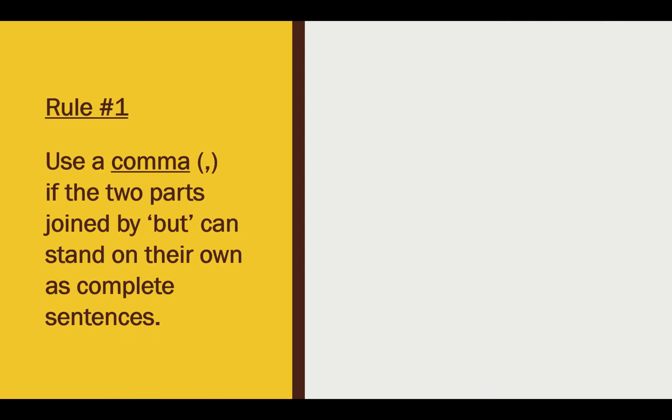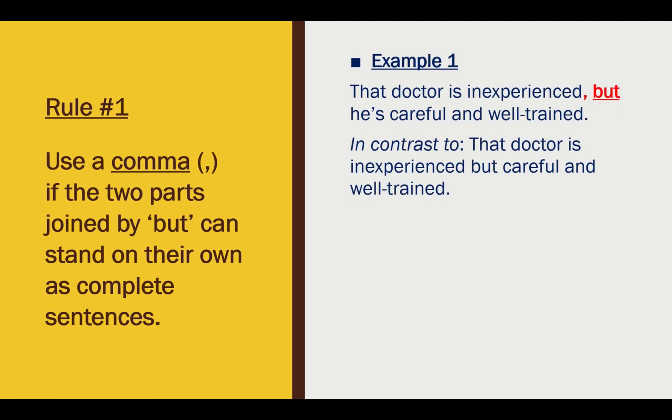Remember to always use a comma if the part of the phrase or sentence before but can stand on its own as a complete sentence. Let me explain this a little bit more in detail. For instance, in this sentence given to you, that doctor is inexperienced, comma, but he's careful and well trained.